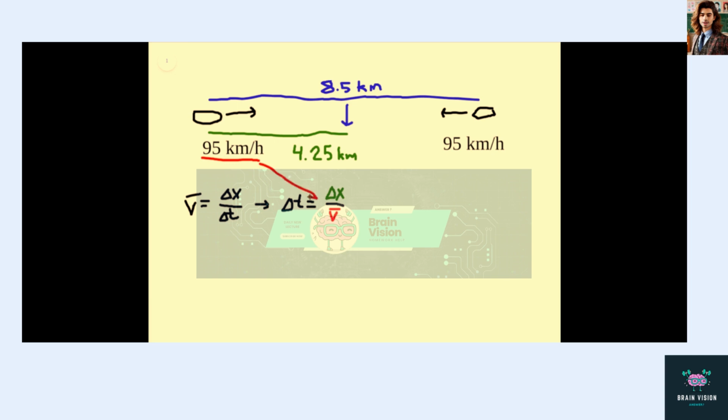So substitute that in there, substitute our 4.25 kilometers up here, and our answer should come out, we've got kilometers divided by kilometers per hour, so we should get something in hours as the amount of time. And indeed we do. This gives us 0.0447 hours.